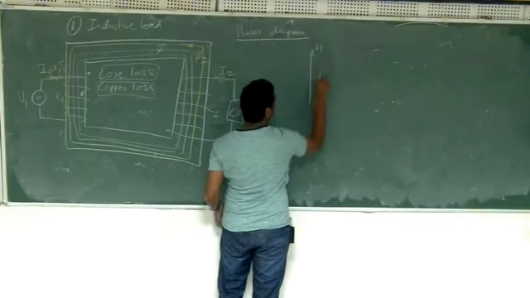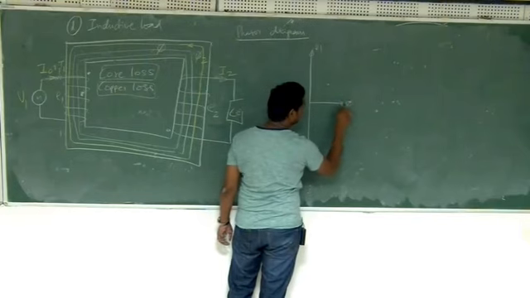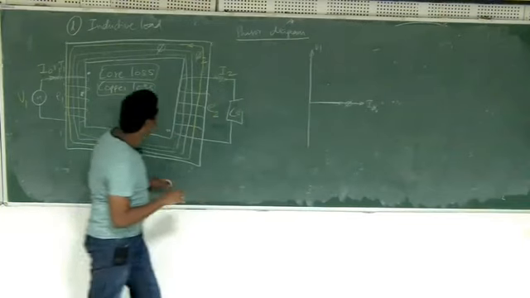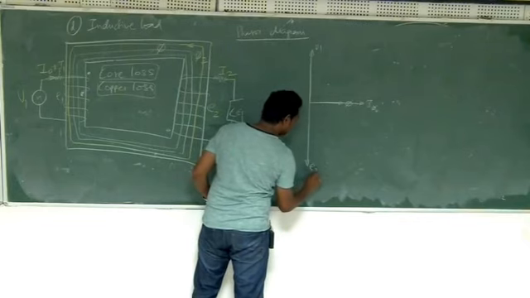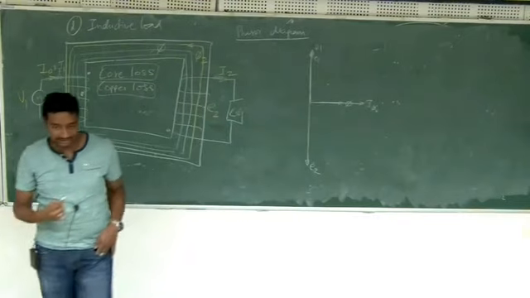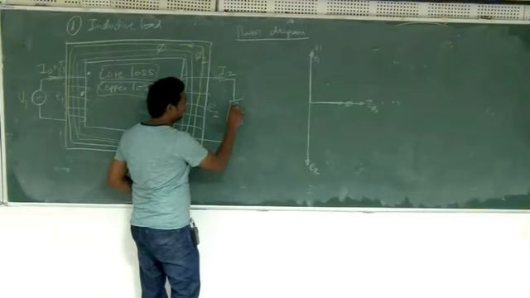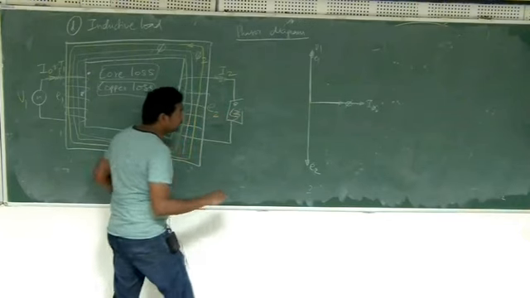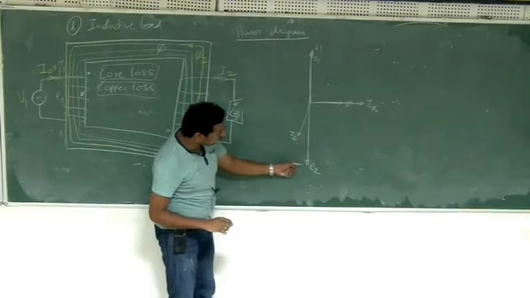This is V1, this is flux, and then I flux. This is E2, and as I explained sometime back, for E1 you consider the other side to keep the diagram neater. Now the load is RL, with some amount of resistance and some amount of inductance. In that case, your I2 will be like this. I2 will be lagging E2.